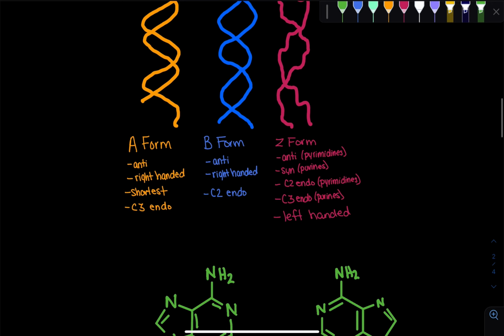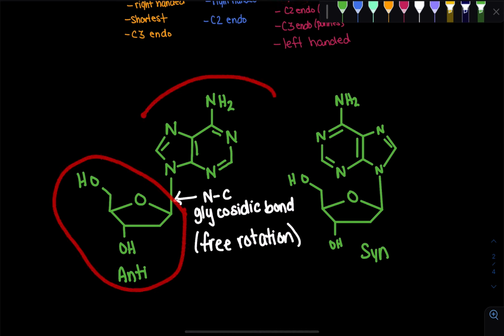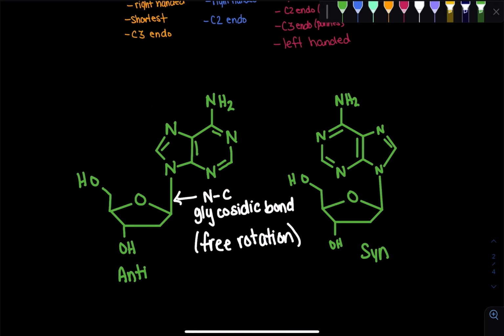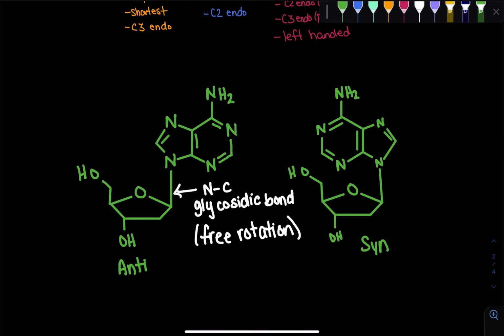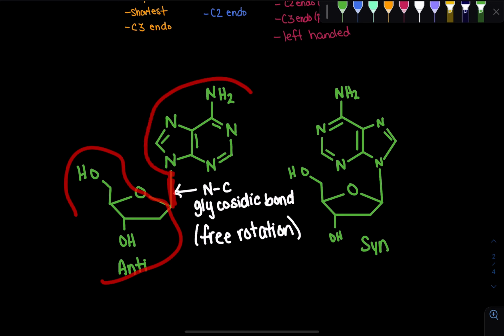Now let's go over what the anti and syn mean. Remember I said that the bond between the deoxyribose sugar and the nitrogenous base depicts whether we are anti or syn. This bond that forms right over here, so this is our deoxyribose sugar, and this is just an example.